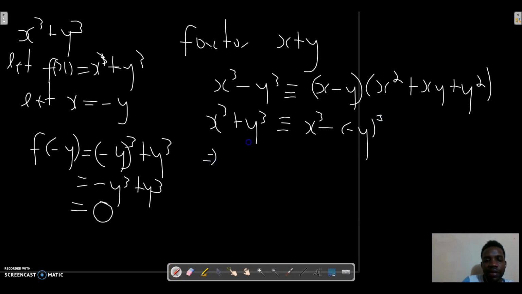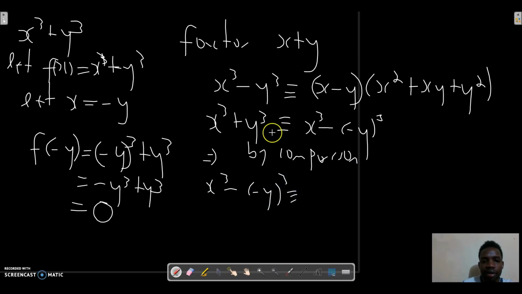Now by comparison, we have x cubed minus negative y cubed. How does this work by comparison? What it means is that if I'm comparing it to x cubed minus y cubed, in the place of x, up there we have x, which is the same thing down here, but in the place of y, we're going to have a negative y. So on the right hand side, I am going to replace all the y's with negative y.